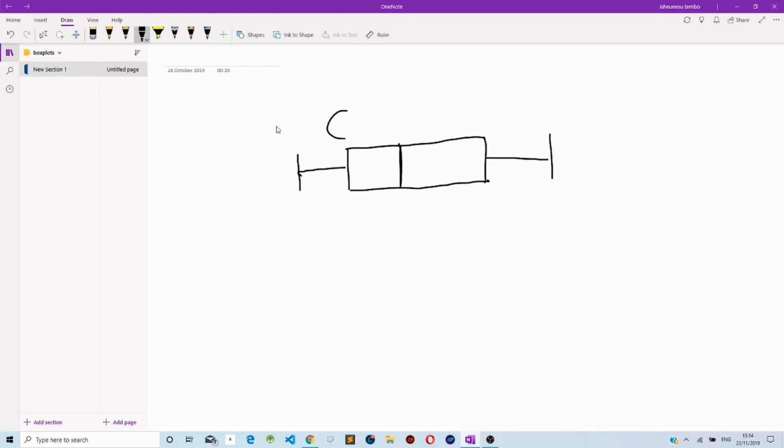In this case, let's just assume that the whisker at the right side is equal to the whisker at the left side.